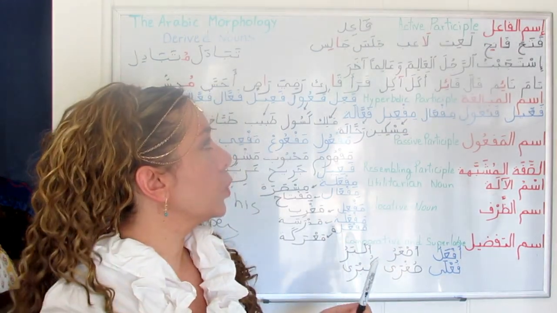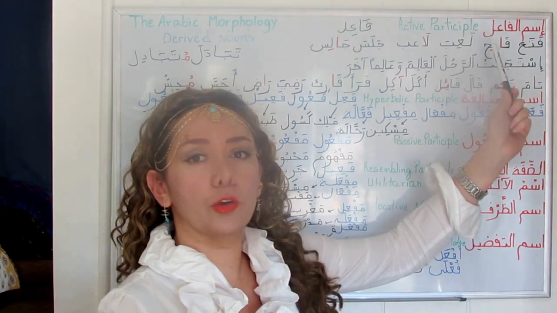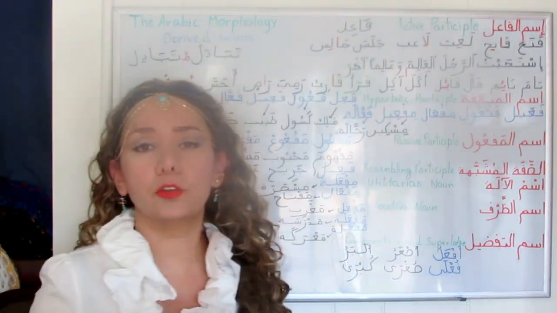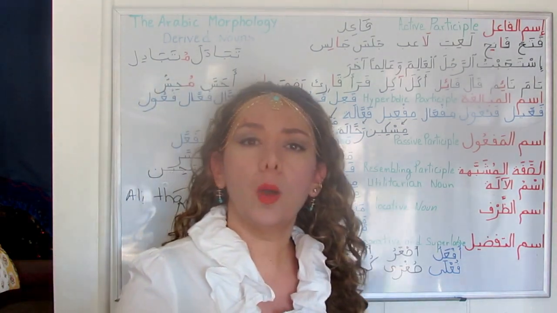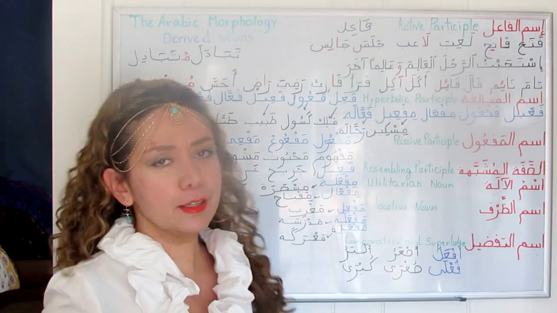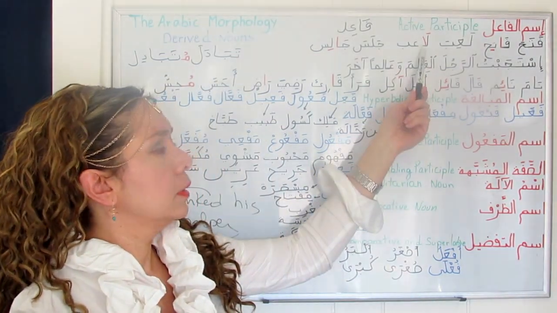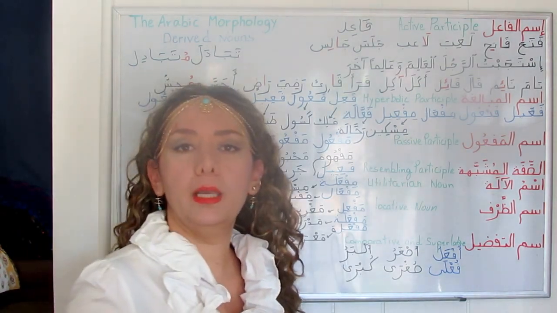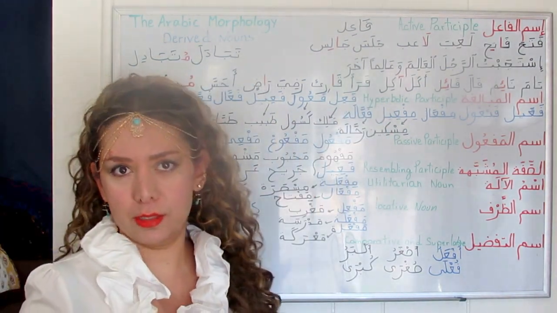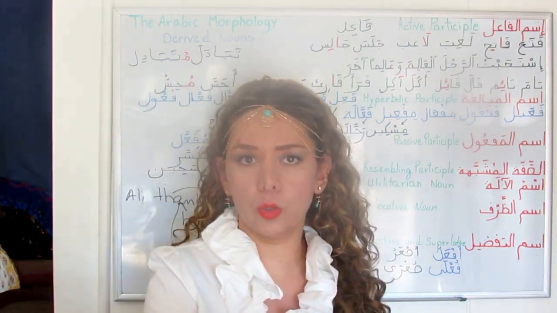So to form the active participle, we add just the long vowel after the first radical, and kasra in the second radical. فاتح, one who opens or opener. لعب, to play. لاعب, the one who plays or player. جلس, to sit. جالس, the one who sits or a sitter.